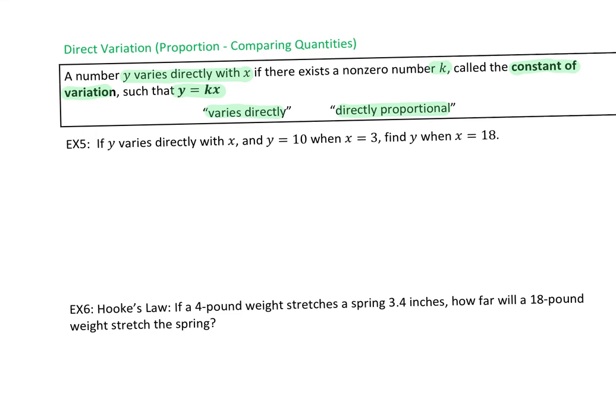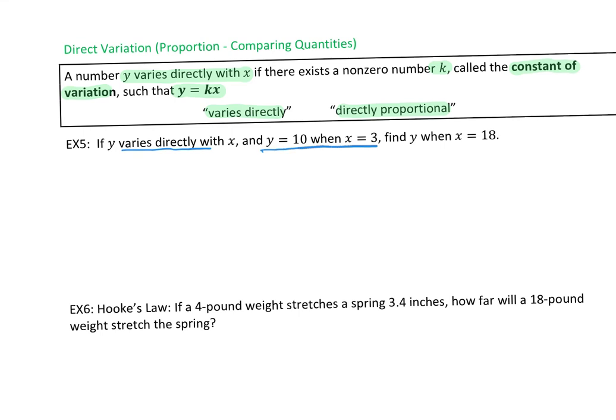In example 5, it says if y varies directly with x and y is equal to 10 when x is equal to 3, find y when x is equal to 18. So the variables are already given. I know that I have to find y when x is 18, but if you look at this first part here, we have that y is equal to 10 when x is equal to 3.